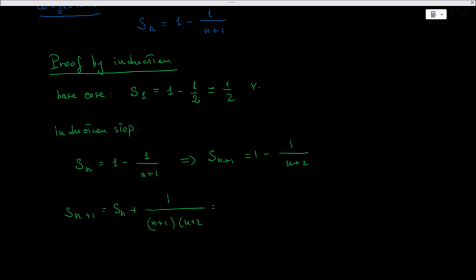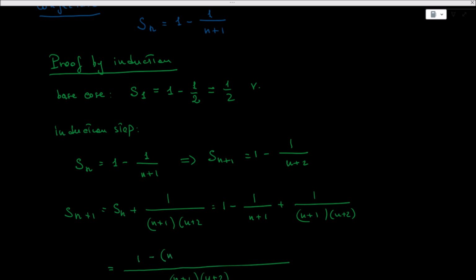So let's replace Sn with 1 minus 1 over n plus 1, and then we sum 1 over n plus 1, n plus 2. And this is now equal to, if we take a common denominator, n plus 1, n plus 2, we have 1 minus n plus 2 plus 1.